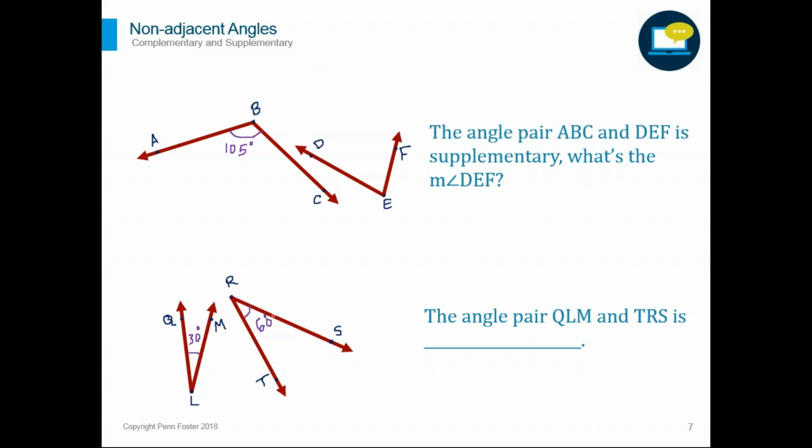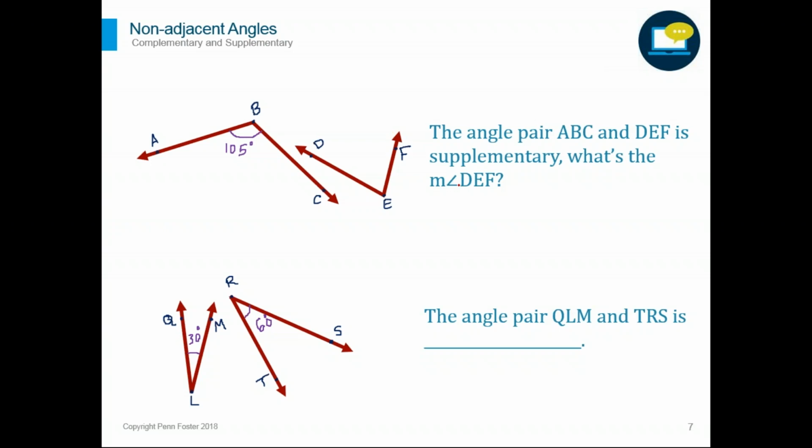So if we happen to see in the wording of the question anything saying that the two angles are supplementary or complementary, that would be enough for us to use as a fact and base our calculations on. So for example, in the first figure here, the angle pair ABC and DEF is supplementary. So it's given that these two angles are supplementary.